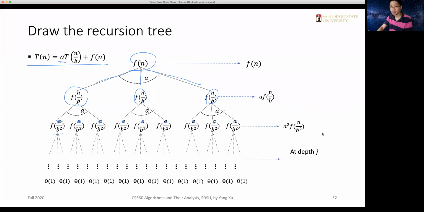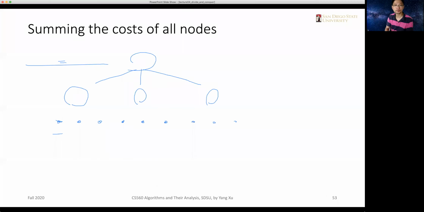So at any depth above the bottom level, the leaf nodes level, there are a to the power of j nodes, and each node has a cost of f of n over b to the power of j.